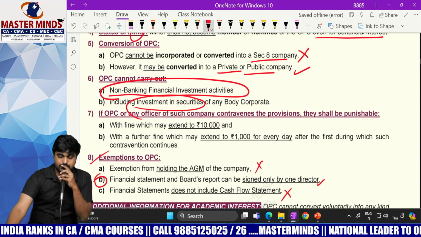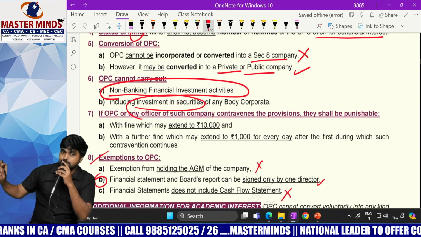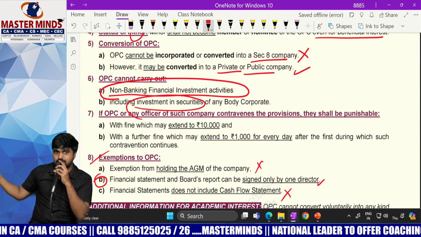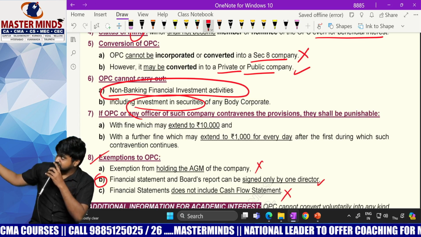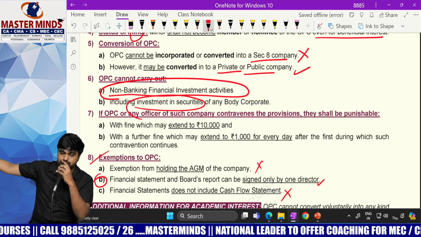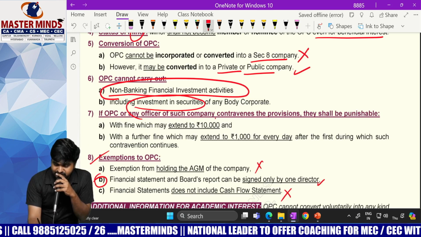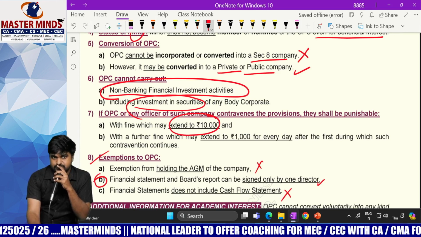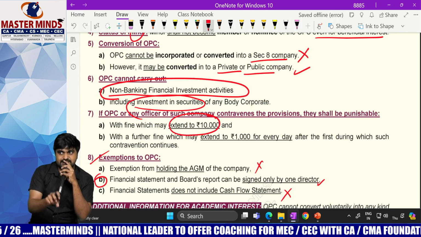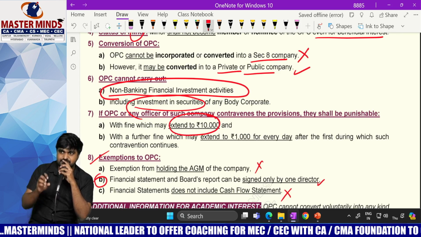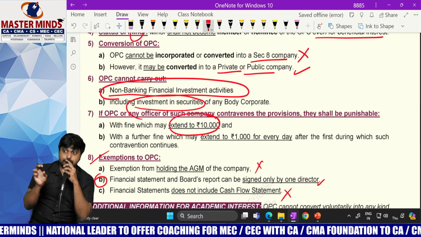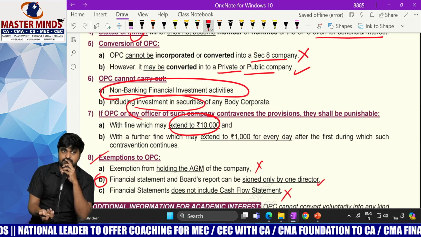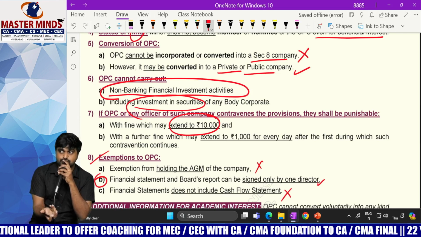And what about the punishment? So if any OPC or its member or nominee fail to comply with these provisions, then the fine will be up to 10,000, not 10,000. It is up to 10,000. So what is the difference between 10,000 and up to 10,000? 10,000 means 10,000 only. Up to 10,000 means it may be 9,000, it may be 7,000, it may be 1,000 also.